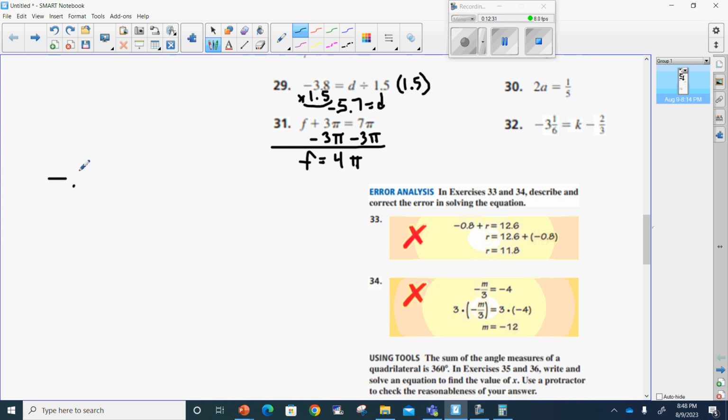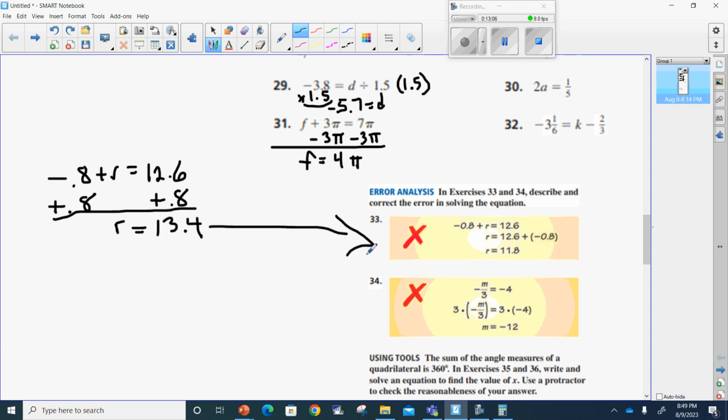If I have a negative 0.8 on one side, and I'm adding it to r, and it equals 12.6, that tells me I'm going to have to add 0.8 to get rid of it, which means I'll add 0.8 to the other side. That is how equality works. R comes down, and 12.6 plus 0.8 is going to give us 13.4. And that's what they did wrong.